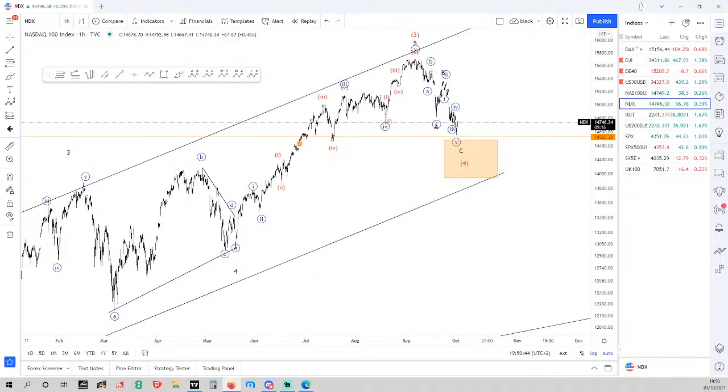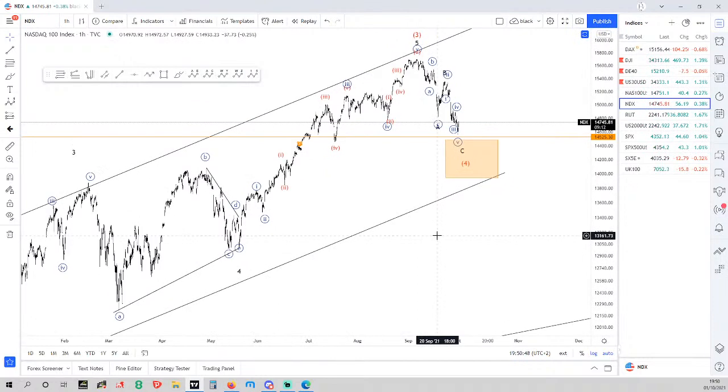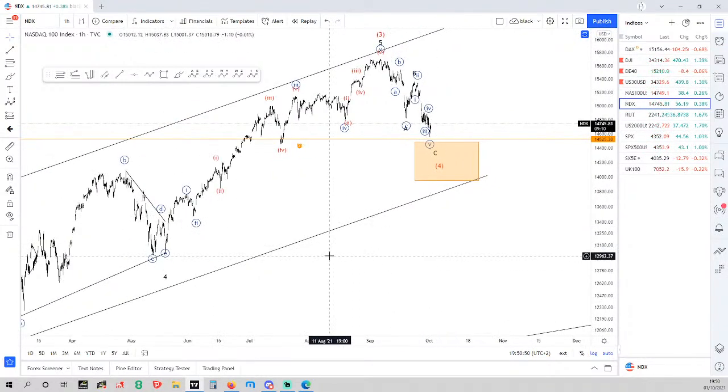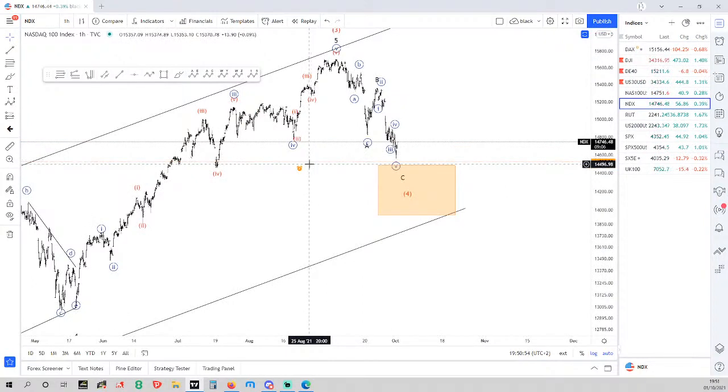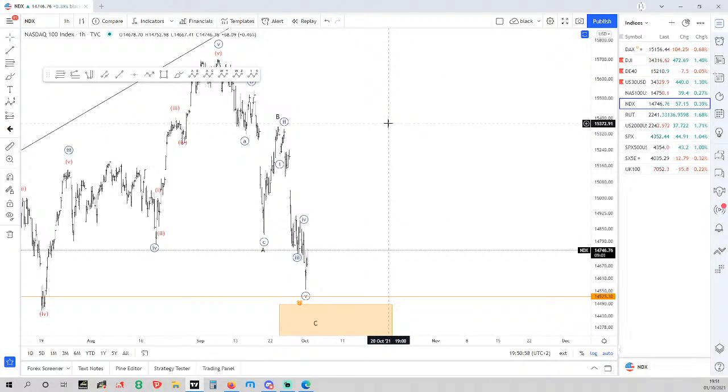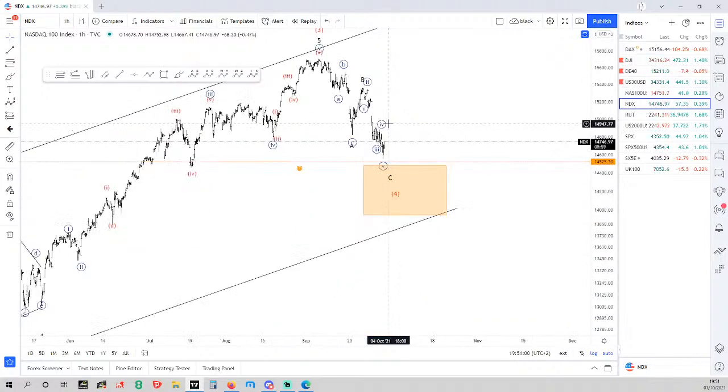I actually wanted to go a bit lower, like around here, but that's why I'm waiting. I'm not buying now. I'm gonna wait to see what's gonna happen next week. Let me know if you have any thoughts.